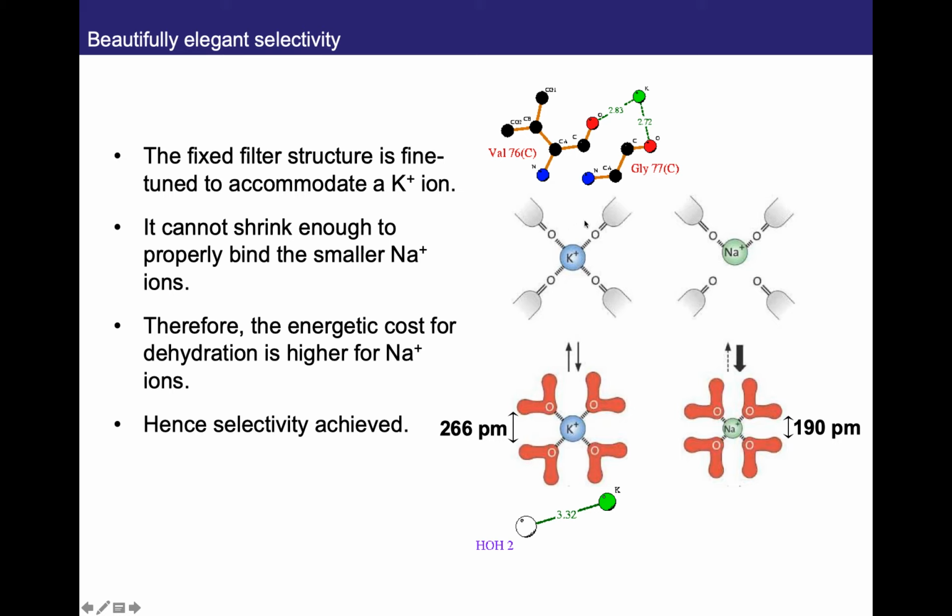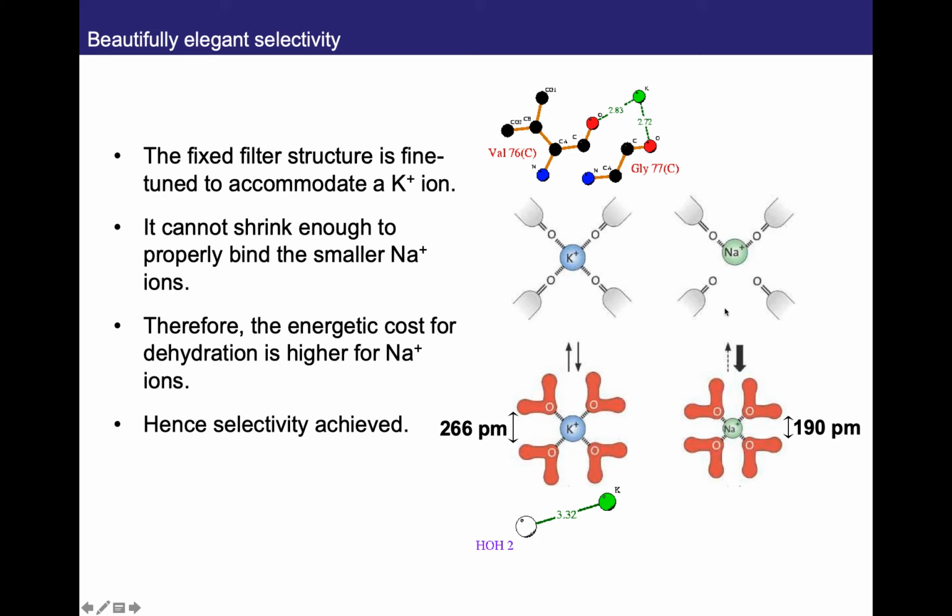You would actually have to inject energy in order to close that pore region just slightly in order for it to be more selective for sodium. So sodium actually hangs onto those water molecules tighter, can't rip them off, and it doesn't enter into that highly selective potassium channel. All right?